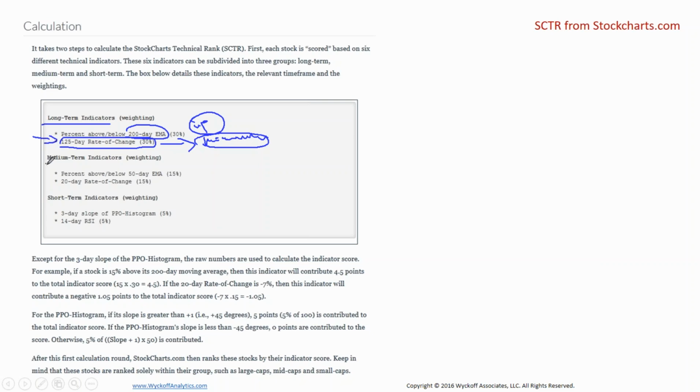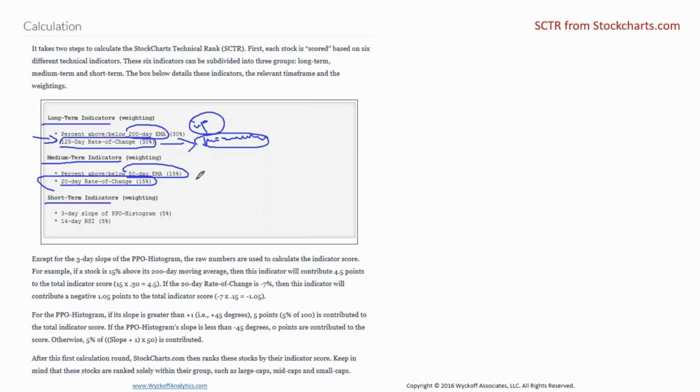And then what's amazing about this tool is that it combines different time frames. Then it goes into the medium-term indicators and then short-term indicators, and basically discusses the same idea, the idea of the trend above the 50 moving average, an idea of the momentum, that the price is actually moving, because a lot of the stocks are just going to be not moving during the periods of consolidation.